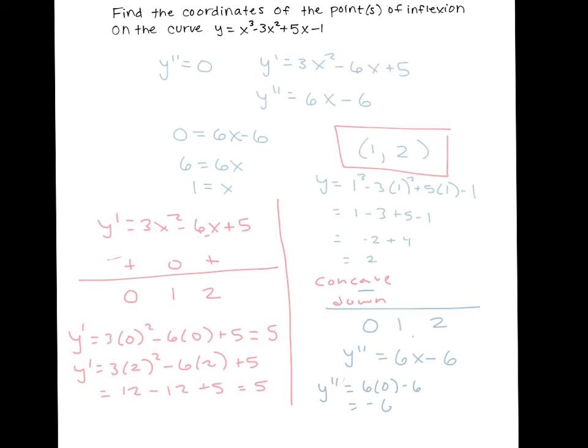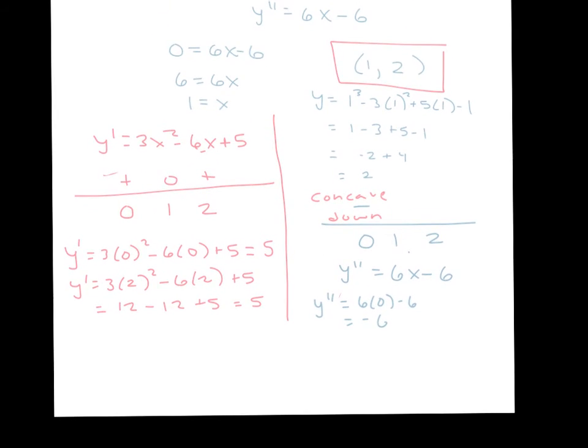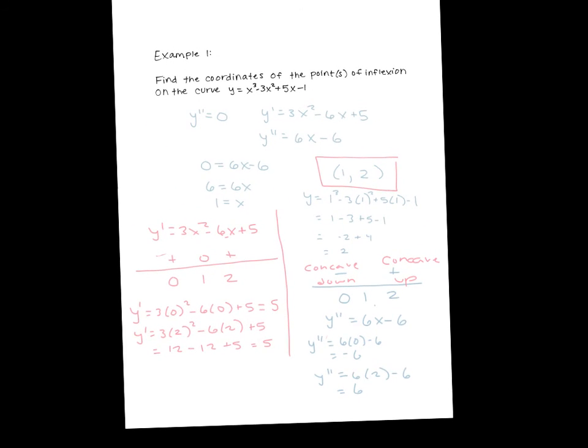And then we can also go ahead and plug in 2 into our second derivative. So that gives us 12 minus 6, which is 6. And so that is a positive. And a positive second derivative represents concave up. So that shows a change in concavity. So that shows that it's an inflection point.